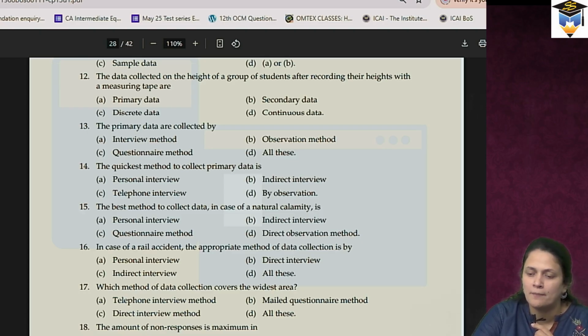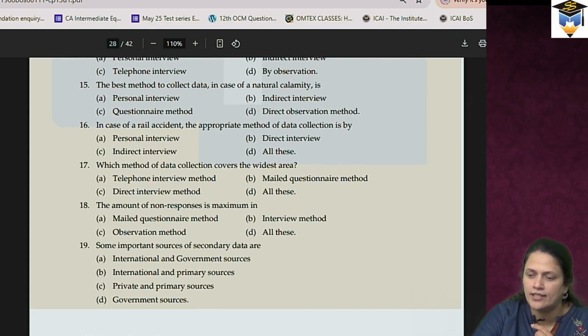15th, the best method to collect data in case of a natural calamity. Personal interview, option A. 16th, in case of a rail accident, the appropriate method of data collection is by indirect interview. Option C. Which method of data collection covers the widest area?